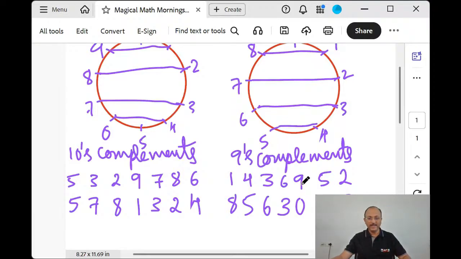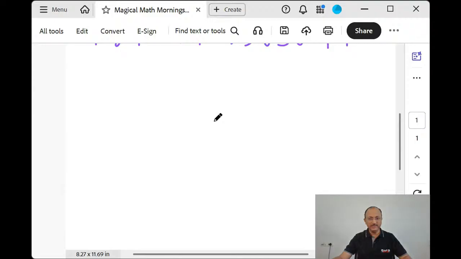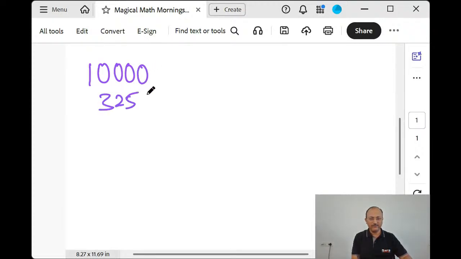Okay, and then based on what we learned, if we take any number starting with 1 and ending with zeros, and if you want to subtract some 3256, what we did, all from 9 and last from 10. That means you write the nines complement of these three numbers and then tens complement of the last digit.